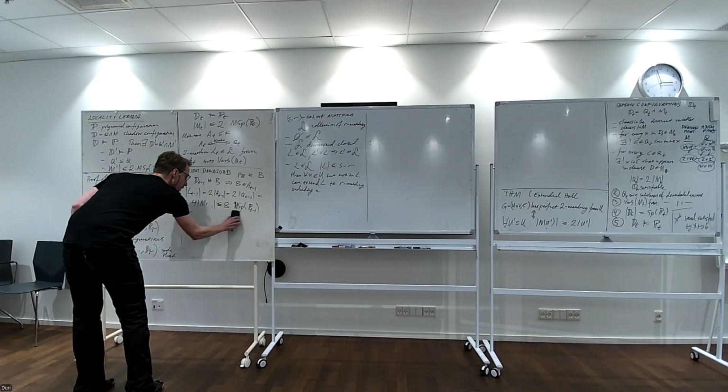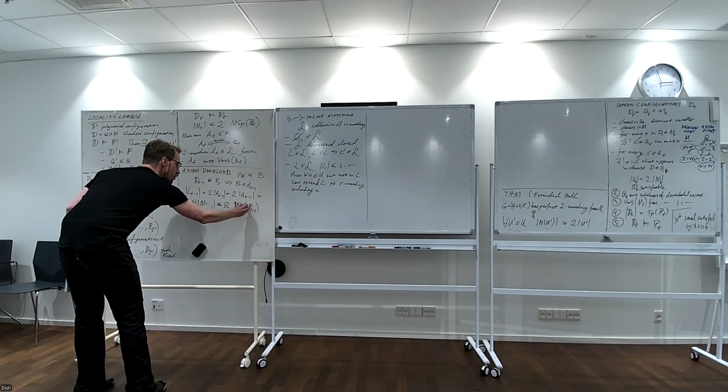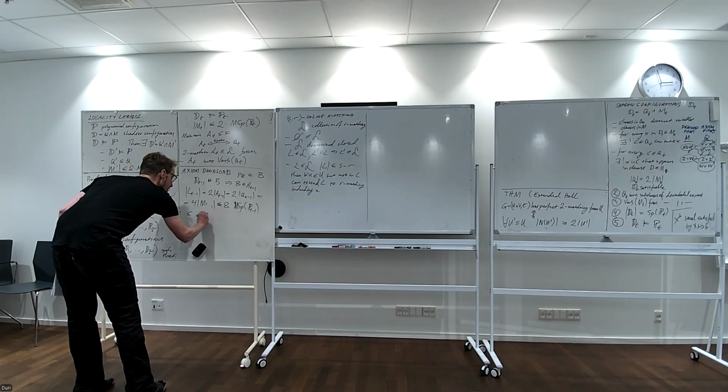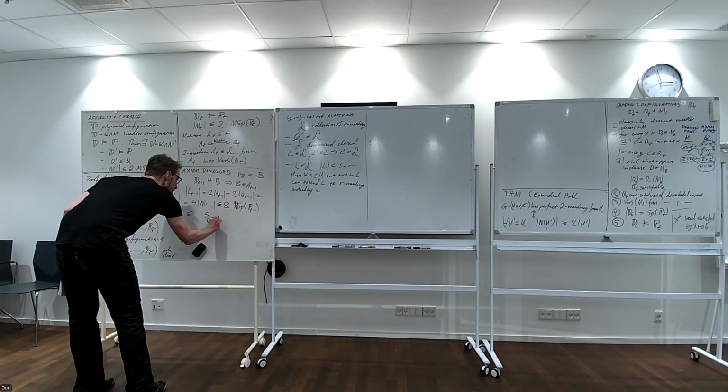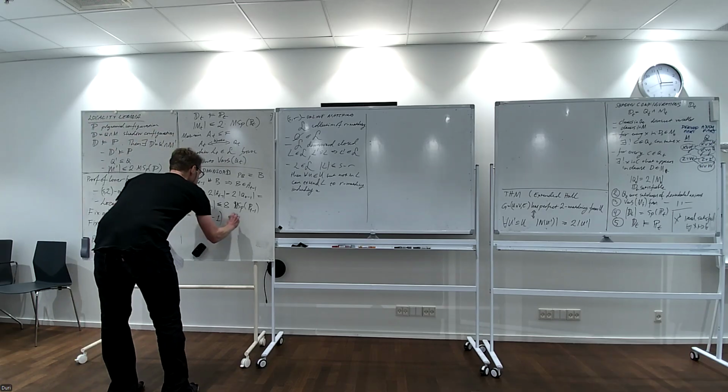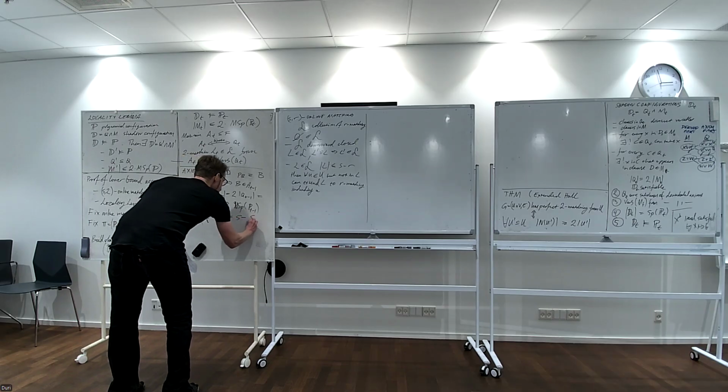Sorry, hang on. We're about to do an axiom download, so this is at most S over 8 minus 1 times 8. So we get something like S minus 8.